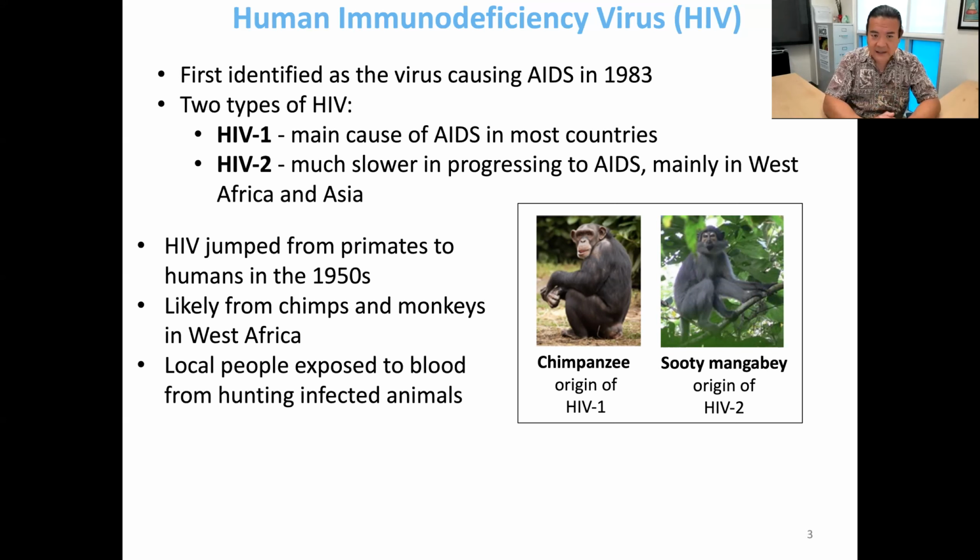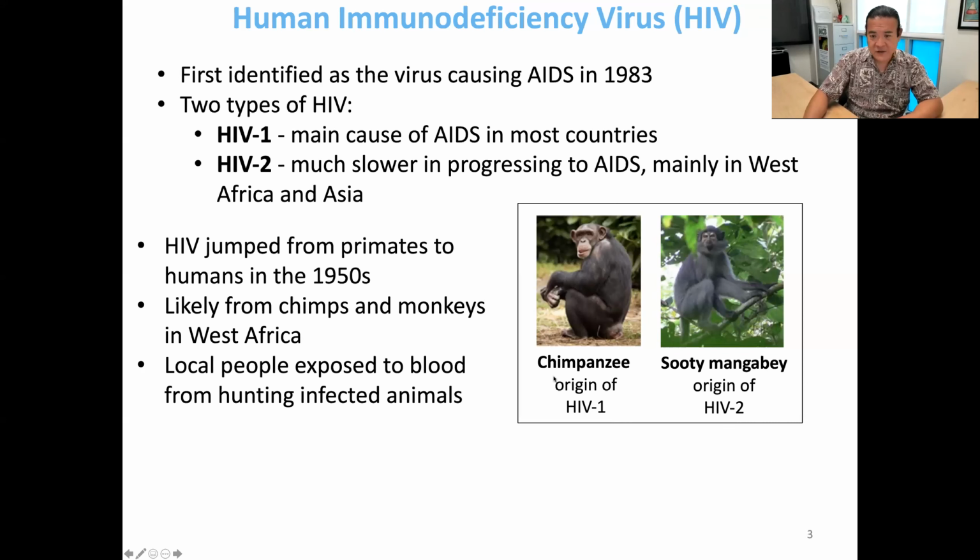It's very likely that HIV jumped from chimps and other types of monkeys in West Africa. We know now that chimpanzees are the likely source of origin of HIV-1, and another type of monkey, the sooty mangabey, is most likely the origin of HIV-2.